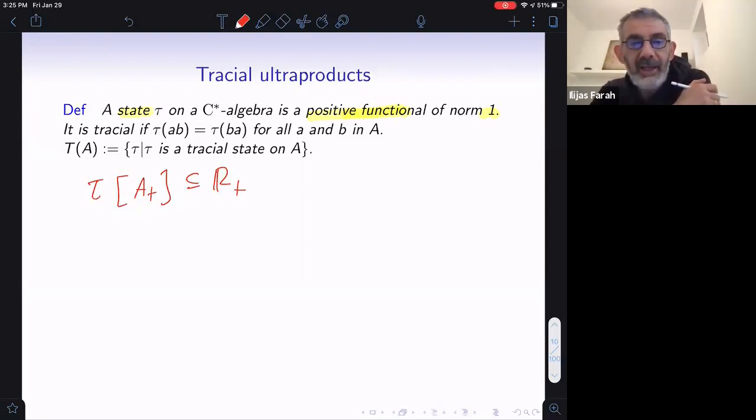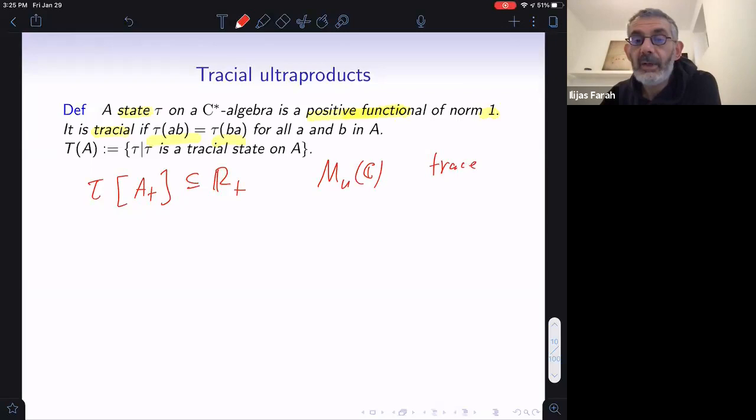We don't need that. All that I need is tracial states. So a state is tracial if it has this property that tau of AB is equal to tau of BA for all A, B in the algebra. The prime example is to think about n by n matrices and think of the trace.